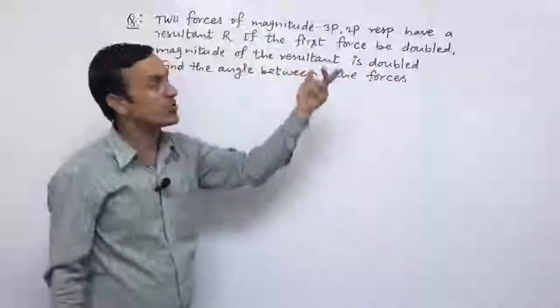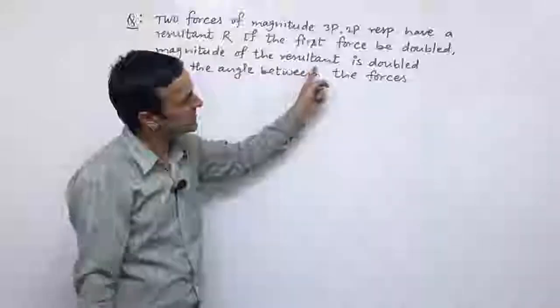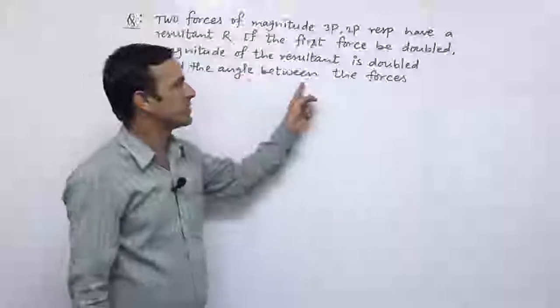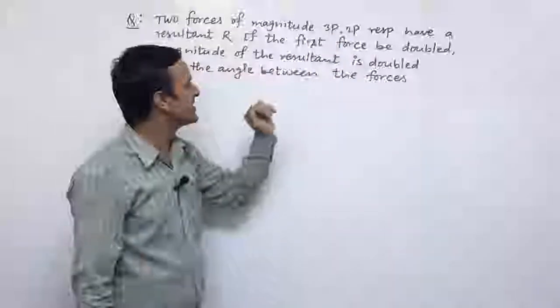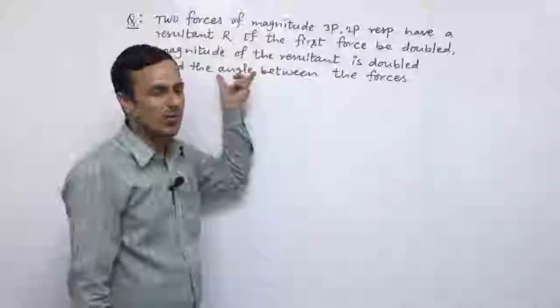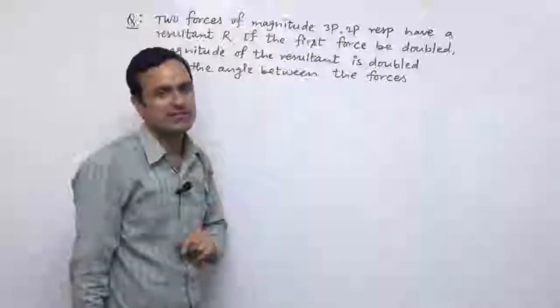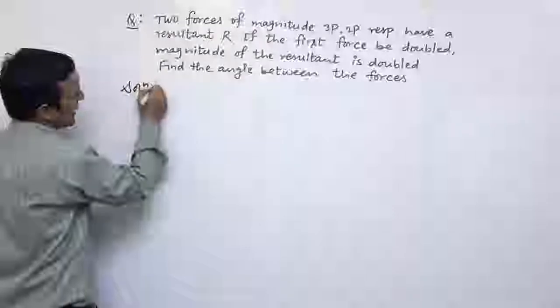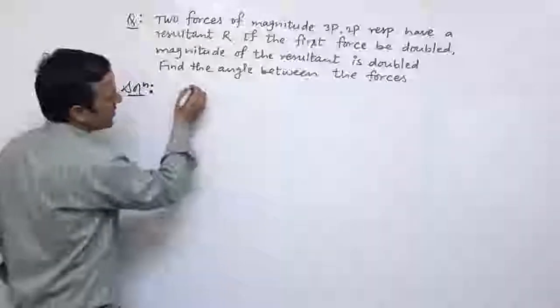The value of the resultant also becomes double. Find the angle between the forces. So in that condition, what is the value of the angle we are going to find? So this is our question. So we can interpret or write down the question in this form.